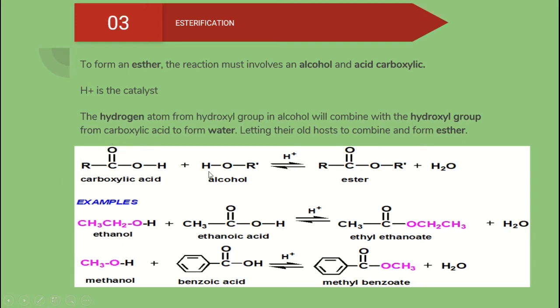So the hydrogen from the hydroxyl group in the alcohol and the hydroxyl group from carboxylic acid will combine and form water. Meanwhile, the R group and the R group from carboxylic acid will form ester.